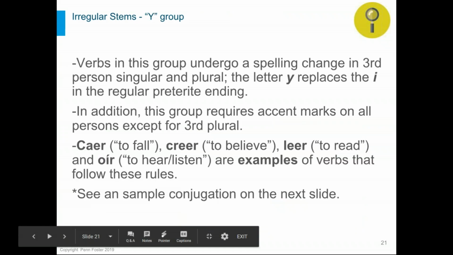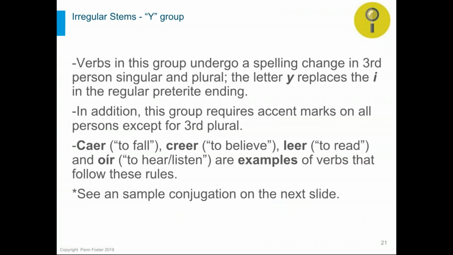As we move forward into our next irregular group, we have what is known as the Y group. Okay, this is not an irregular stem. Sorry for that typo. All right, it is just the Y group. And in this case, you have verbs that undergo an I to Y spelling change in third person singular and plural.